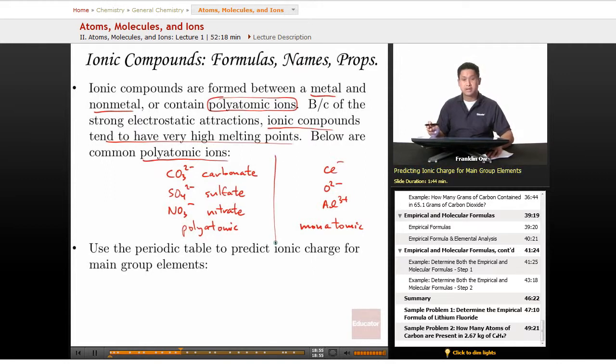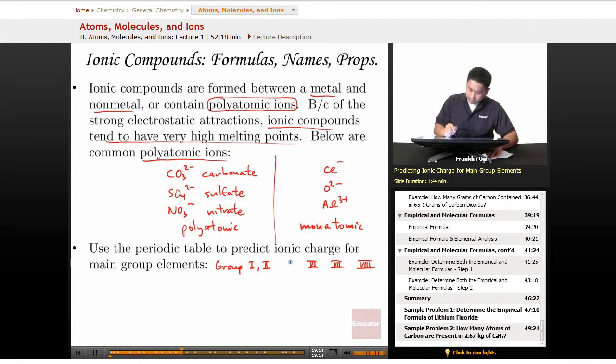And it turns out that we can actually use the periodic table to predict the ionic charge for main group elements. And main group elements are going to be group 1 and group 2, and then group 3, group 6, group 7, and group 8.